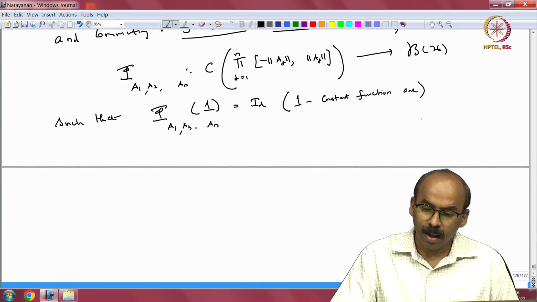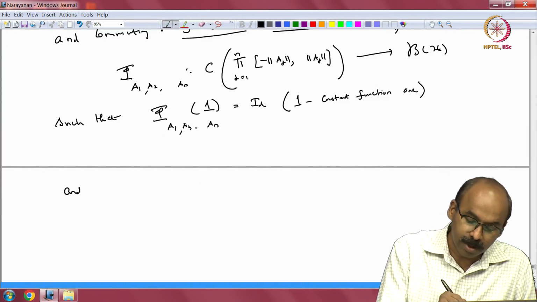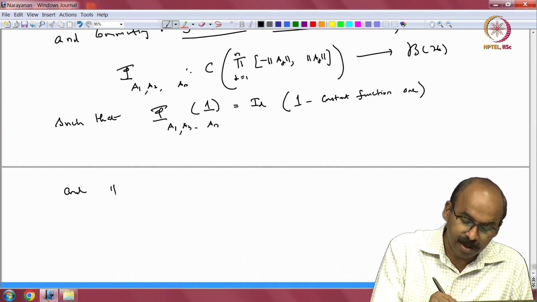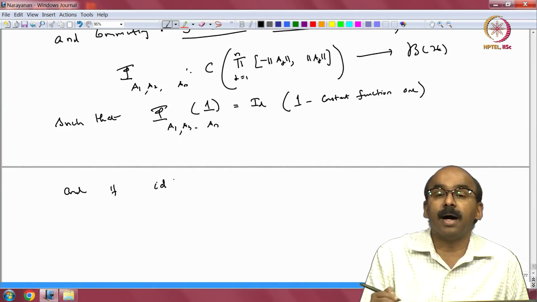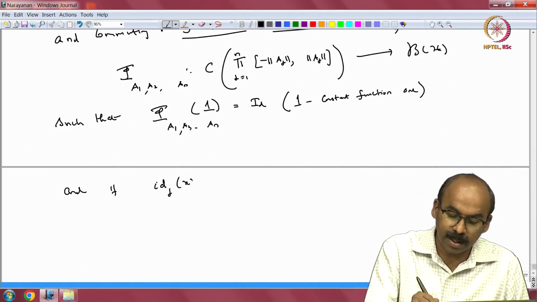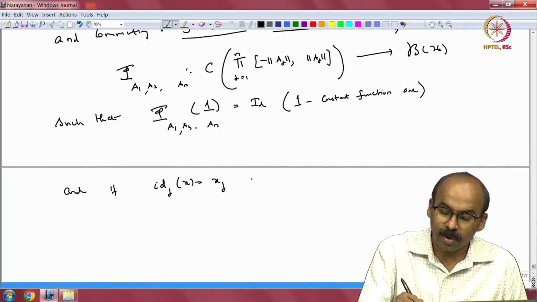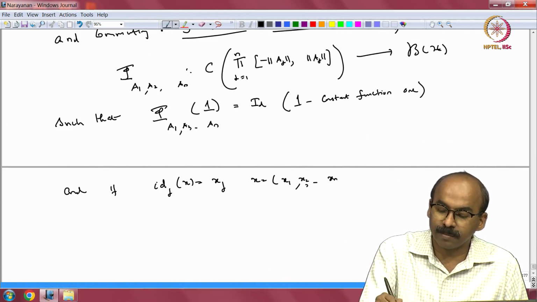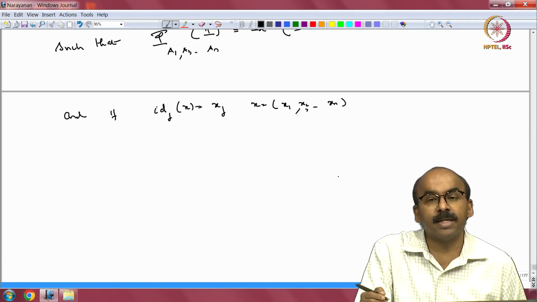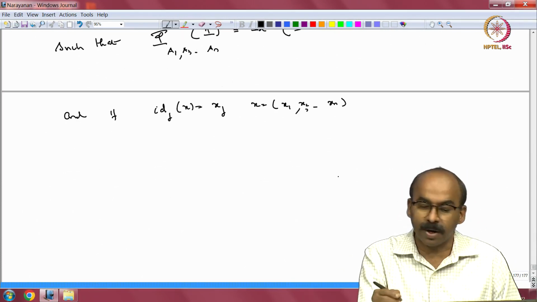What is more important is the function id j, where id j at x equals x j, with x equal to x1 x2 etcetera xn. This is a continuous function on the product space.